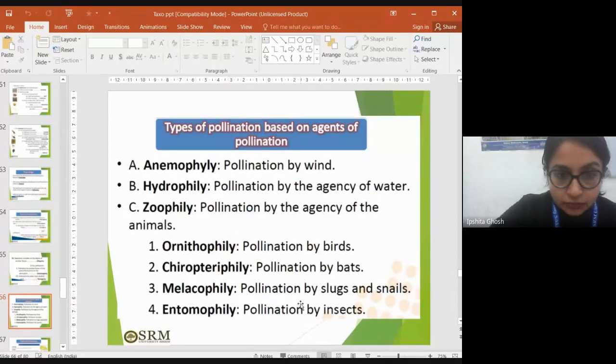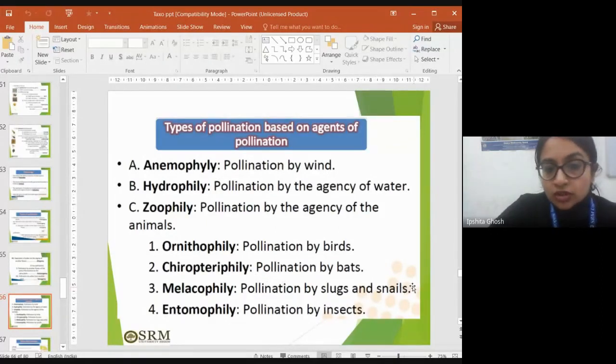Now, zoophily is an umbrella term in this respect. We have a lot of other subterms which come under it. Pollination by birds is known as ornithophily, whereas by bats it's called chiropterophily. Bats belong to the order Chiroptera of the animal kingdom, therefore the term chiropterophily, okay?